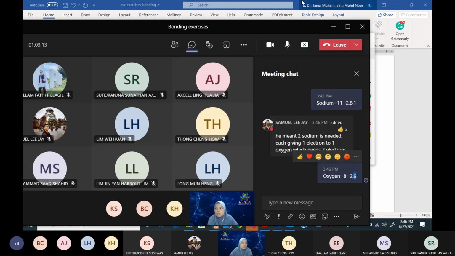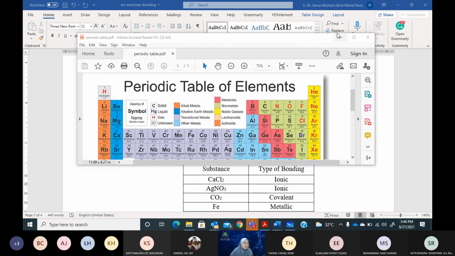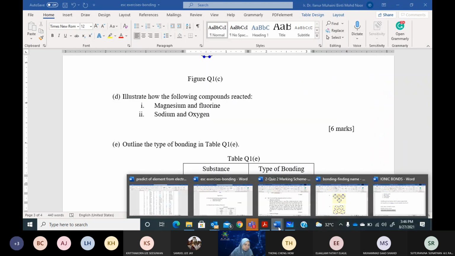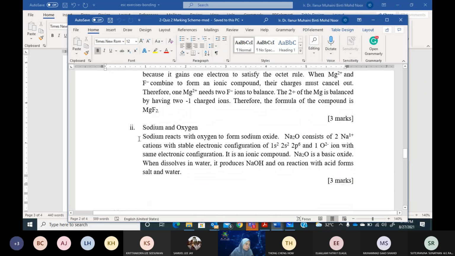Okay, so what he did is correct. 2 Na ions and 1 oxygen. Is there 2 minus or not? See the statement: sodium reacts with oxygen to form sodium oxide, Na2O.